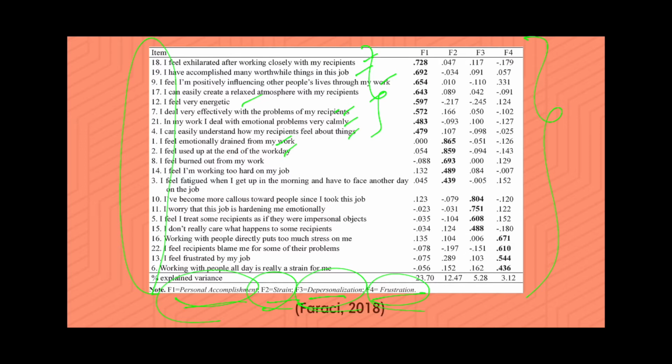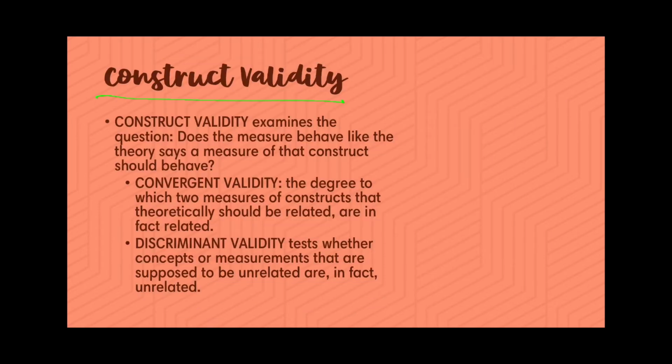But based on the theoretical framework, these are the four factors. So that's construct validity. Is your tool theoretically aligned, and is it really measuring what your theory says it's supposed to measure?